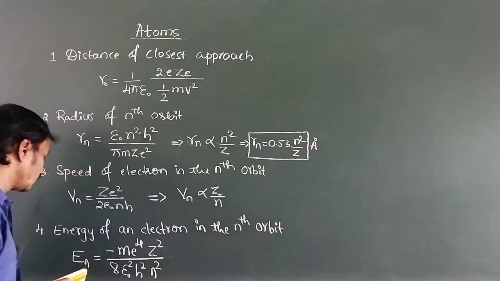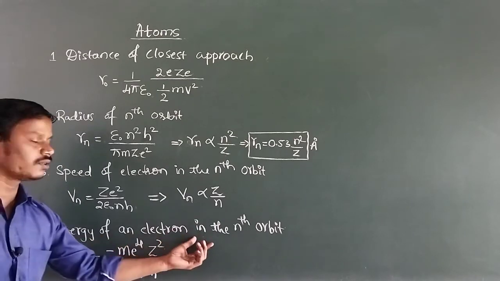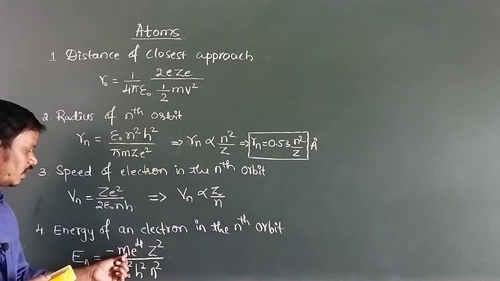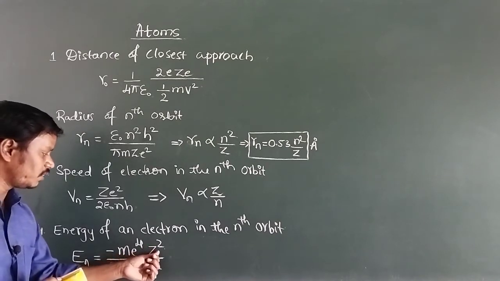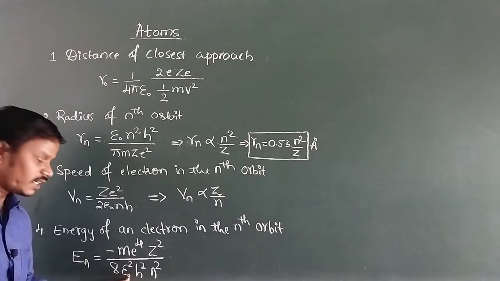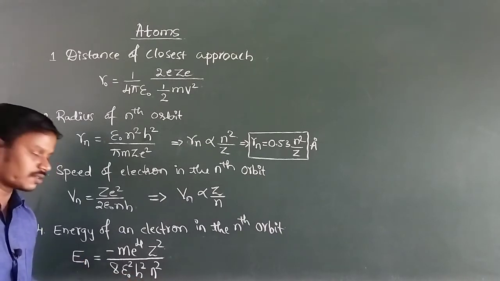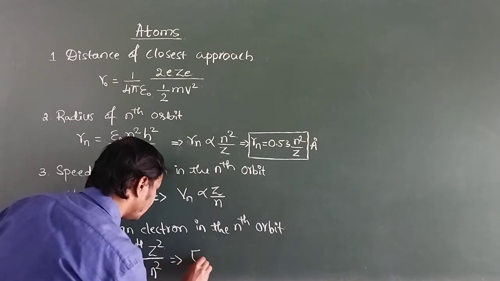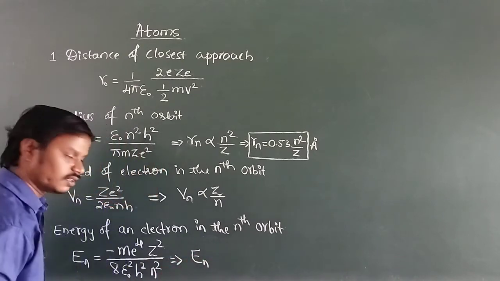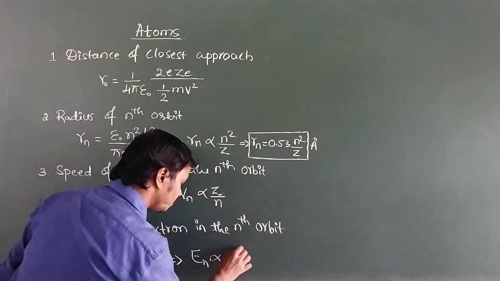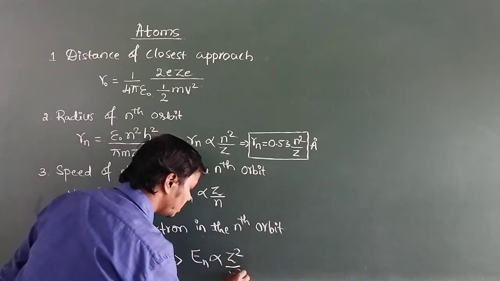Next formula, that is energy of an electron in the nth orbit. En is equal to minus of m into e to the power of 4 into z square divided by 8 epsilon naught square h square into n square. Now here, energy of the electron in the nth orbit is directly proportional to z square and inversely proportional to n square.